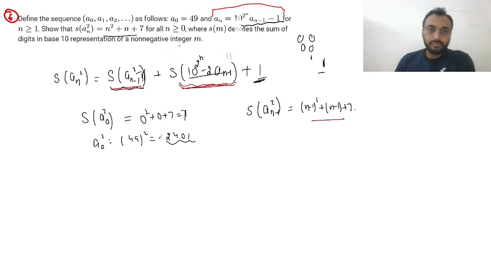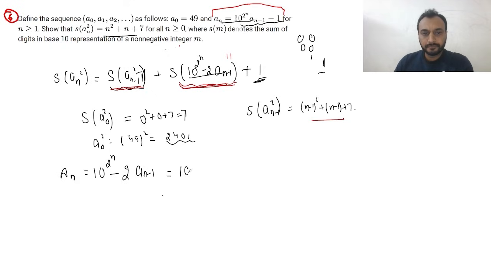So let's pick this part and call it A_n, which is 10^(2^n - 2) times a_{n-1}. So we assume A_n is this, right? And if we put the value of a_{n-1} here from this relation, that will be 10^(2^{n-1} - 2) a_{n-2} minus 1.